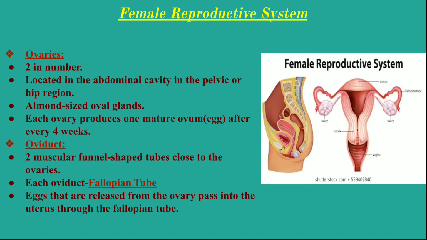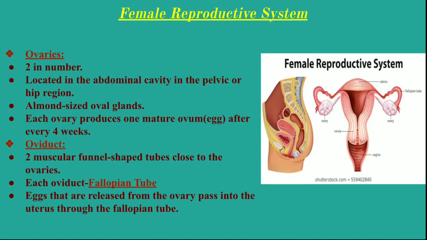Now the oviduct is also called the fallopian tube, which is attached to the uterus. There are two, on both sides of the uterus. They are not actually connected to the ovaries, but their mouth opens towards the ovaries.